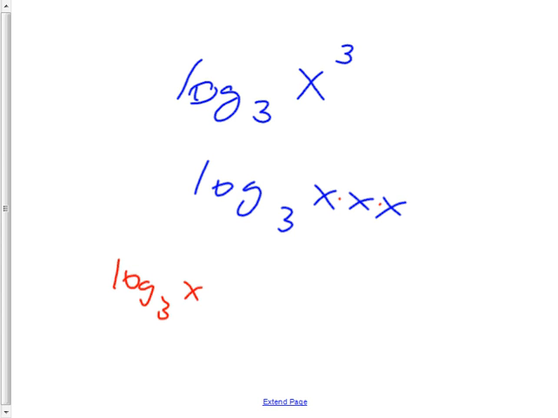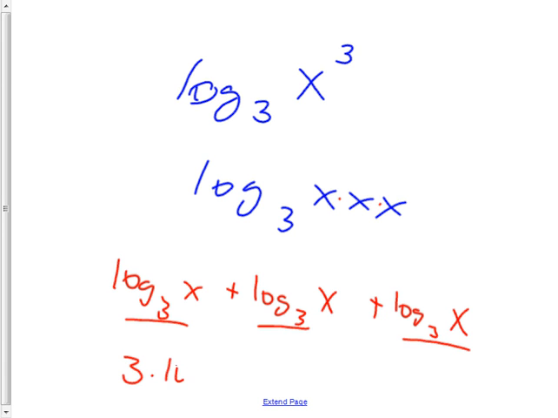Log base 3 of x plus log base 3 of x plus log base 3 of x. If they're all identical, it's like saying a plus a plus a, which means there's 3 a's. Since there's 3 of the exact same thing, I could say 3 times log base 3 of x.